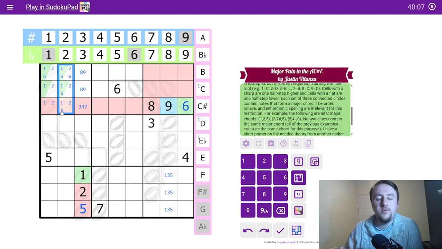If we had a natural 1 3 5 here, this triad would have to have a flat in it, and it would have 2 and 6. The 2 could be flat.